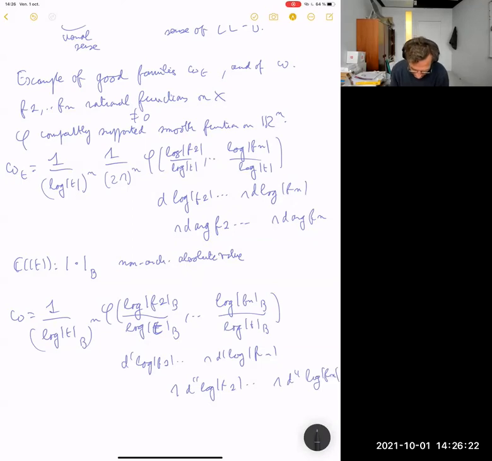So this means that the limit of these complex integrals will be the integral of this Berkovich differential form, computed as I explained before.